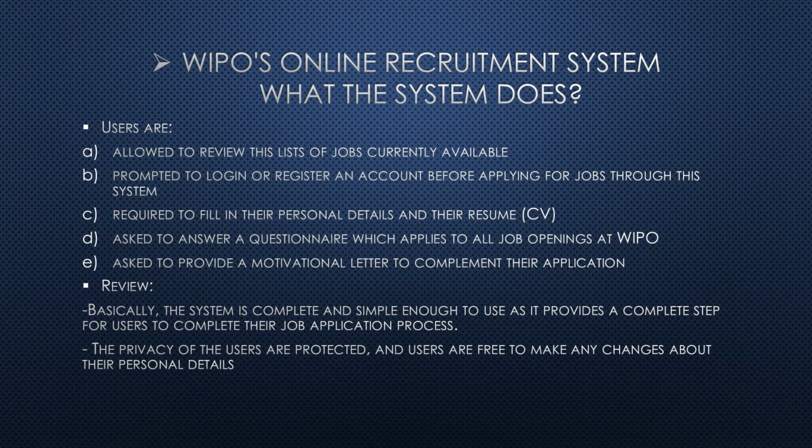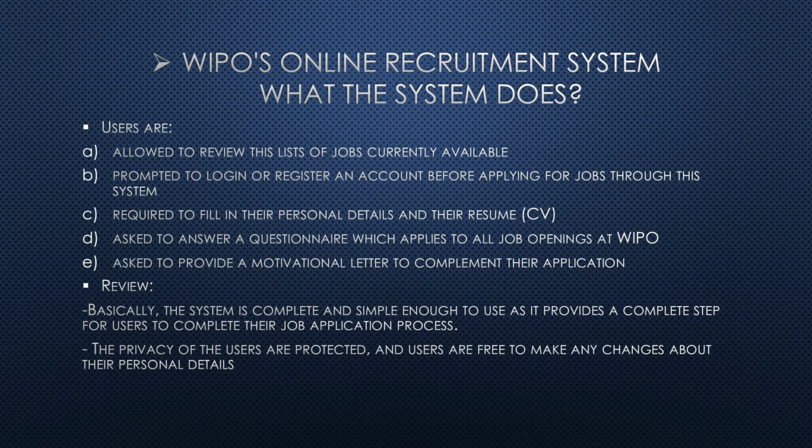The users are allowed to review the list of jobs currently available. And also they are prompted to log in or register an account before applying for jobs through this system. Required to fill in their personal details and their resume. Asked to answer a questionnaire which applies to all job openings at WIPO, and also asked to provide a motivational letter to complement their application.